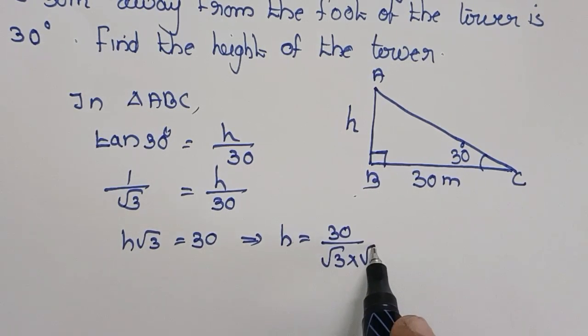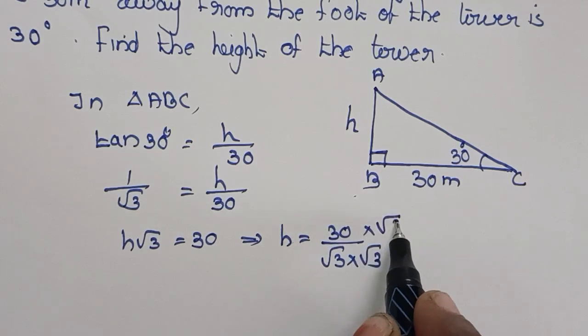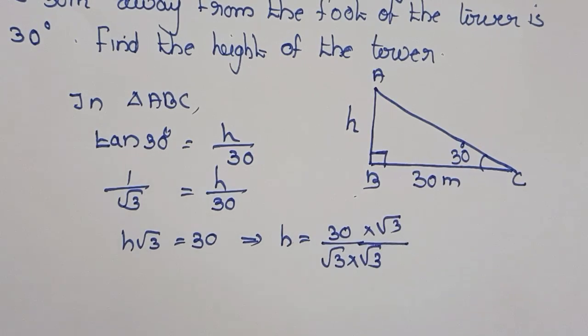Now rationalizing, multiply both numerator and denominator by root 3. Then we get 30 root 3 divided by 3. Now cancelling 3 and 30 we get 10. 10 root 3.